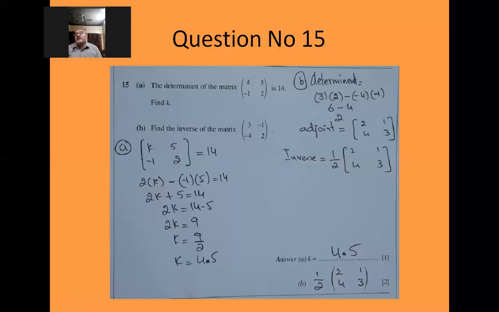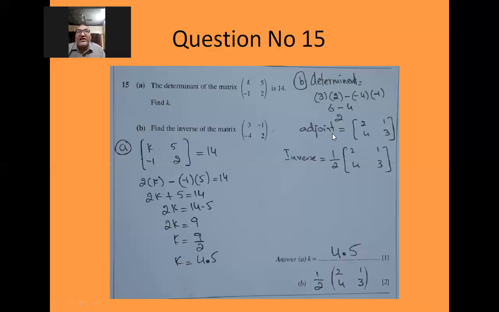The adjoint is where you change their positions like this, and you change their signs like this. So we have the adjoint, and it will be 2 and 1 here. You can see I have changed their positions and changed their signs.